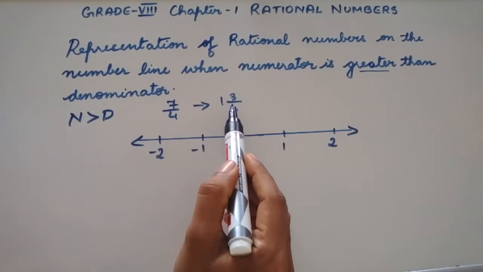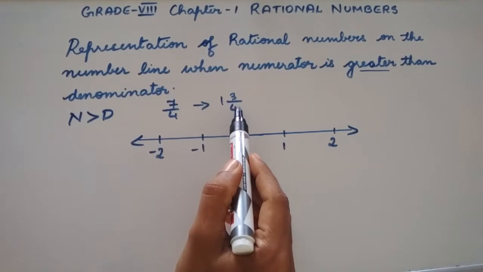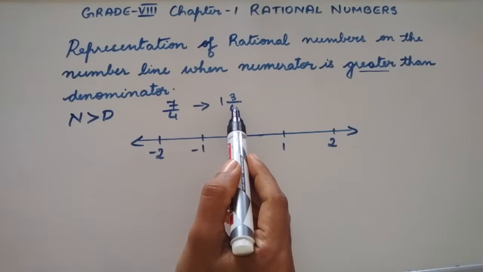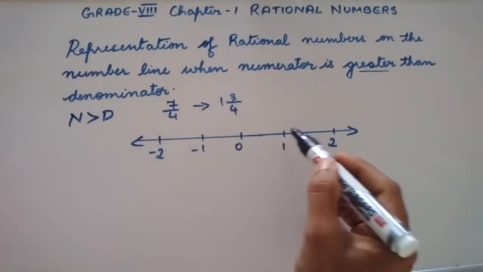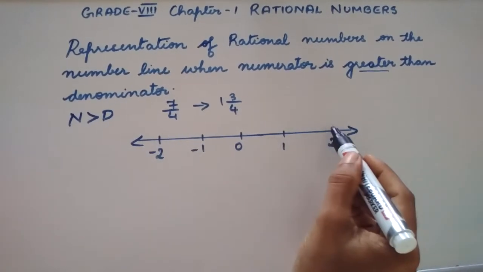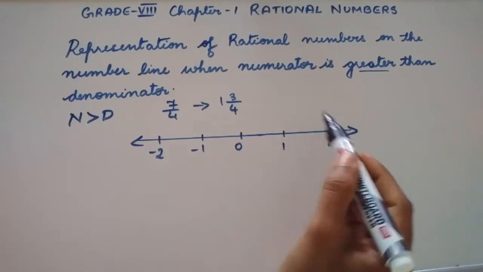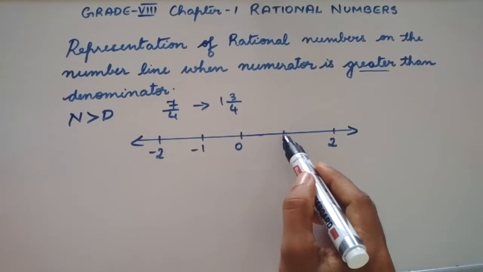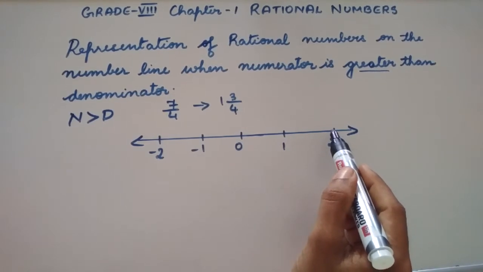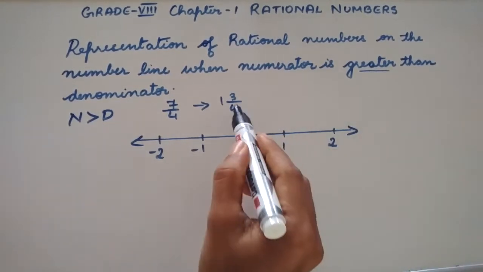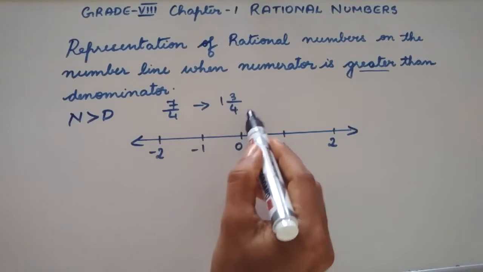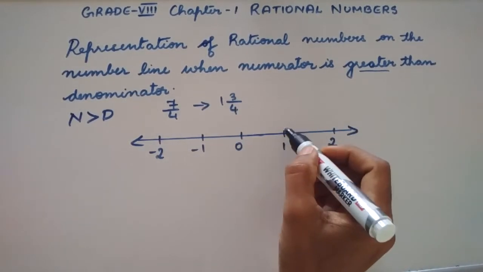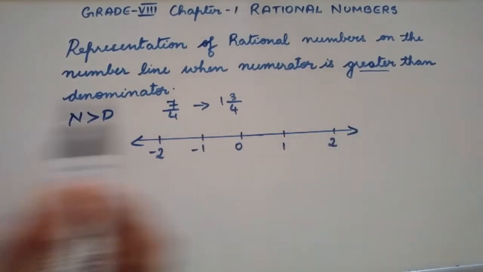The denominator of the proper fraction part tells the number of equal parts this length is divided into. That is between 1 and 2, because 7 by 4 lies somewhere between 1 and 2, isn't it?